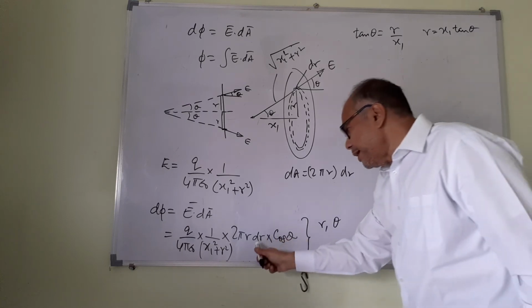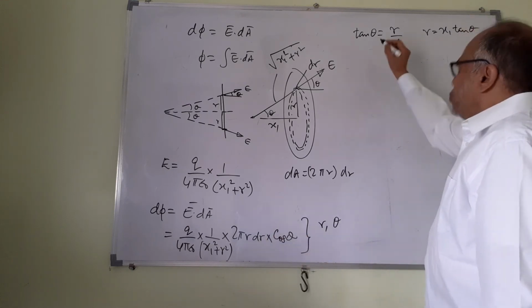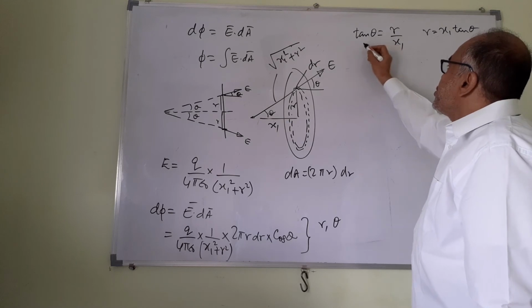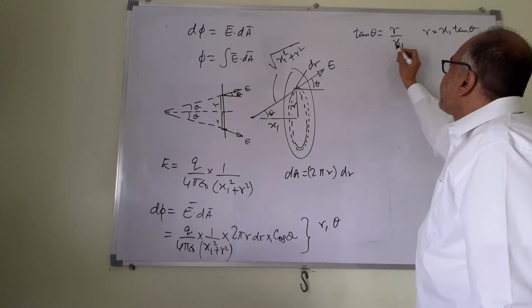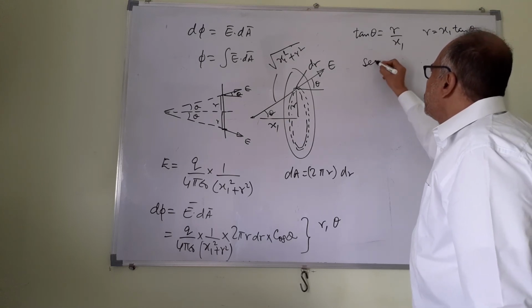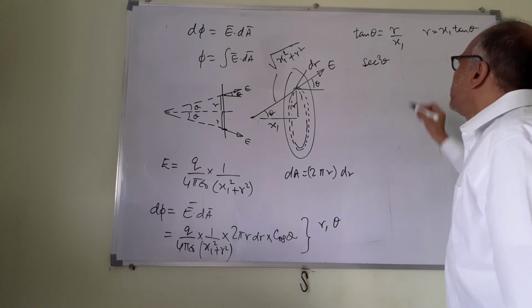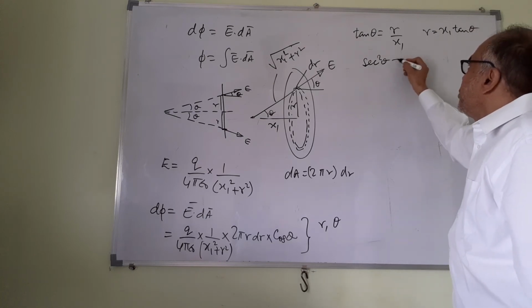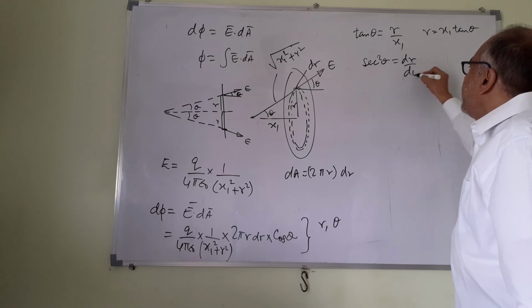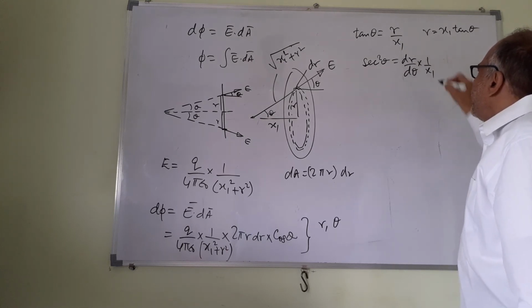Now there is also a dr. To get dr, let us differentiate this with respect to theta. The derivative of tan theta would be secant squared theta, and with respect to theta this would be dr by d theta into 1 by x1.